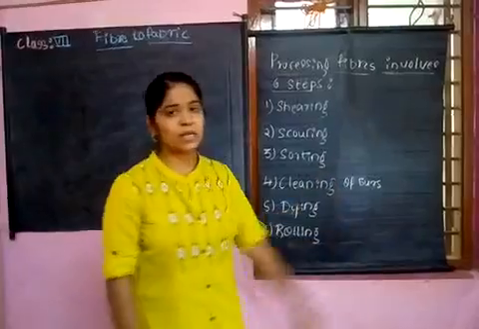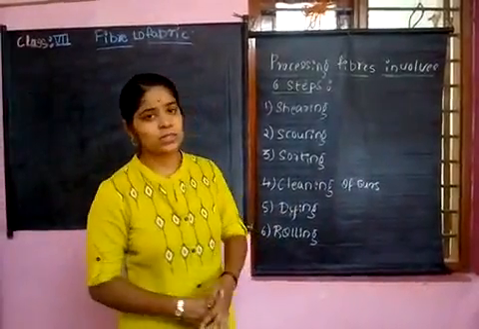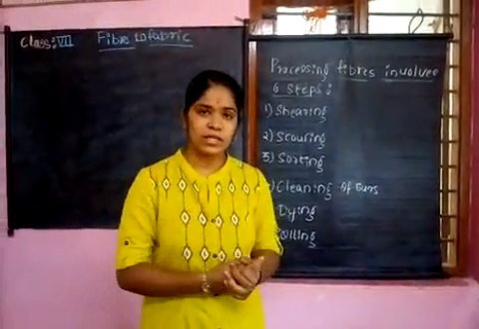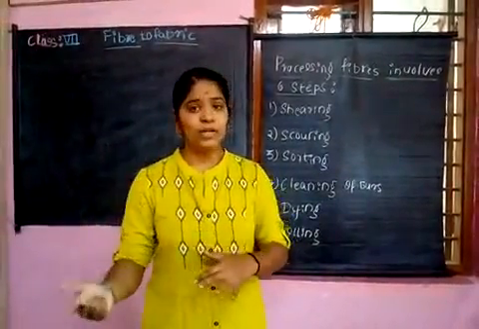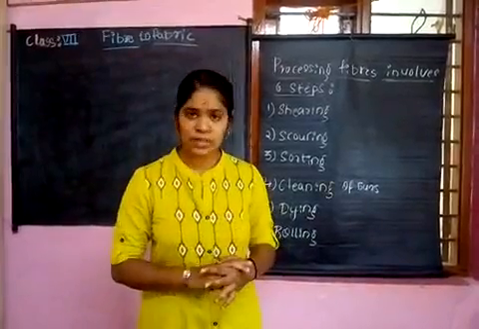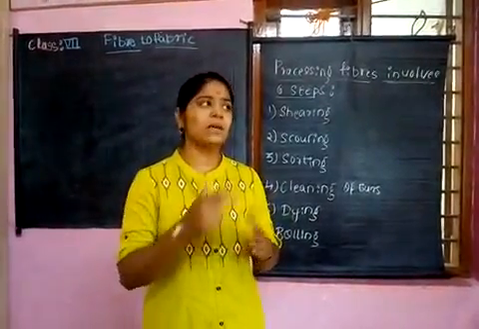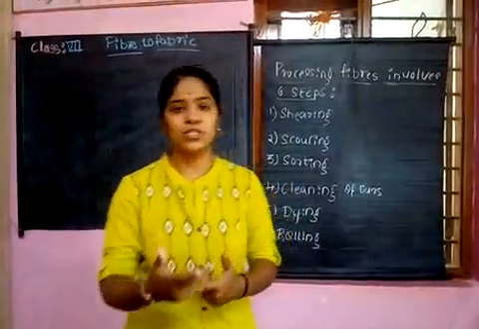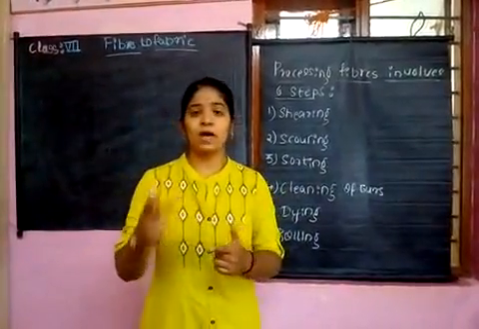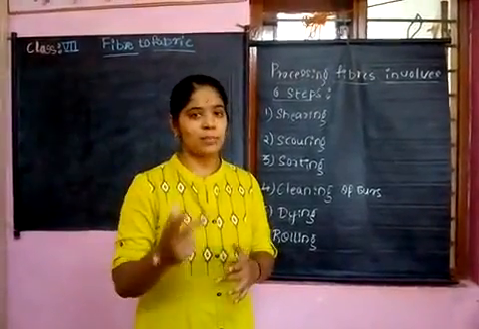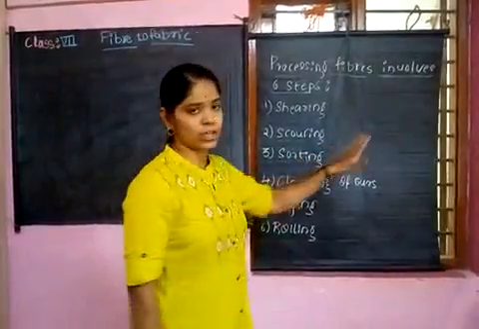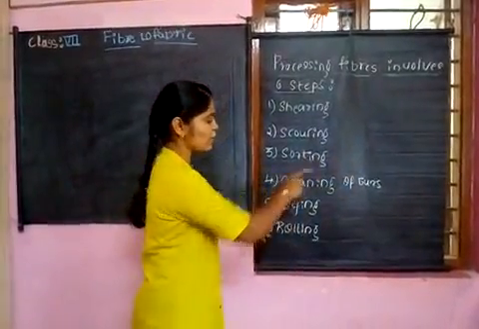And the next one is sorting. Sorting means whatever materials or fibers we got, we sort them with respect to the texture. Okay, means according to some conditions of the fibers, we separate them into different fibers. That process we call sorting. And the next one is cleaning of the burrs.